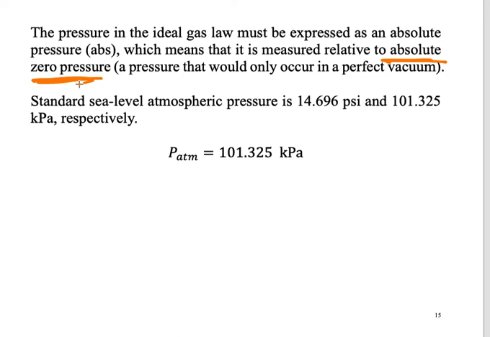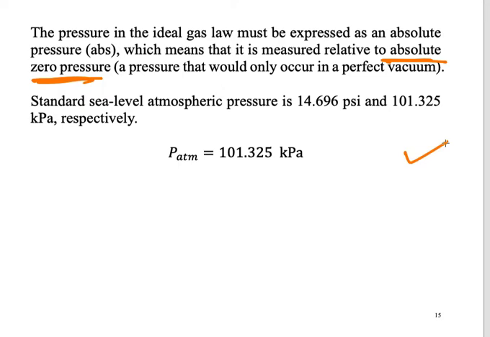However, if we go to space, there is no atmospheric pressure. That condition in space is called absolute zero pressure, or a perfect vacuum. We will discuss absolute pressure and gauge pressure later in the pressure chapter.